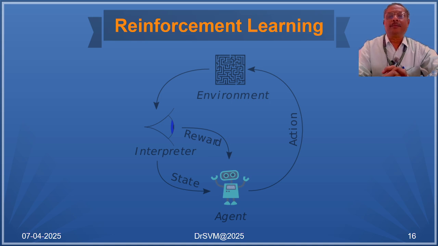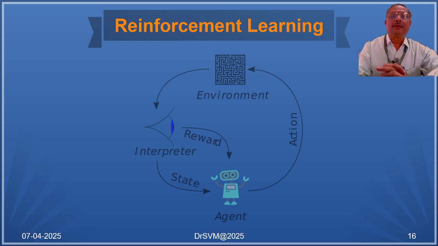Sometimes it goes the other way also. So that is interpreted by the interpreter, who sees how the environment has changed. Accordingly, the state is changed, and a reward is produced, whether positive or negative, depending on how the environment changed. So that's another version of what we call reinforcement learning.